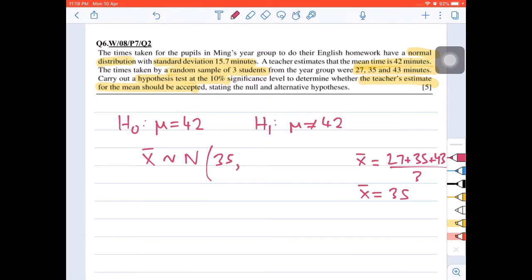So mu equals x bar, and then the variance will be 15.7 squared upon the sample size, that is 3.